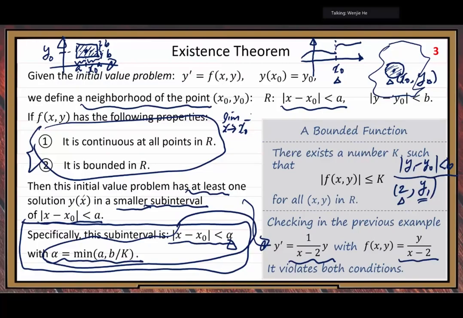First, the limit must exist. Second condition, the limit as x goes to x0 from the right, the right limit, also exists.